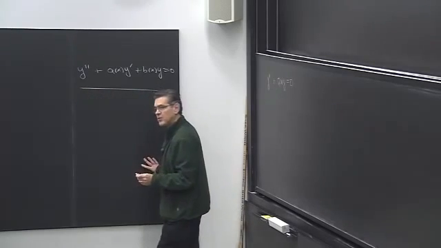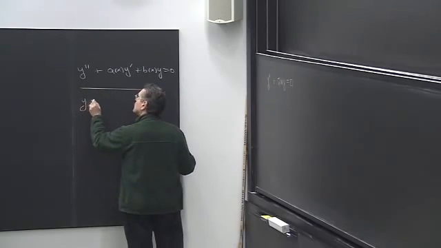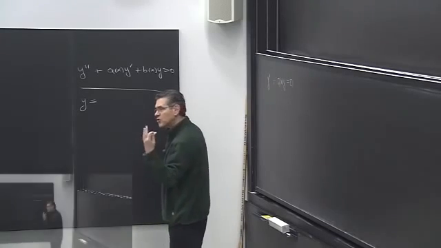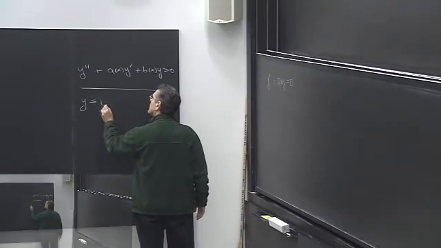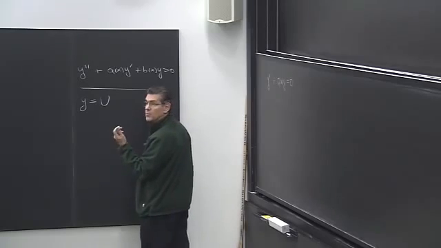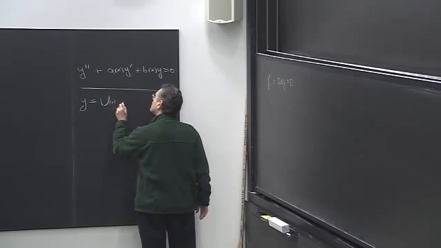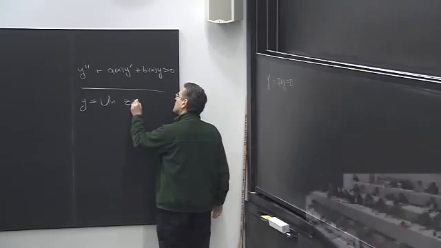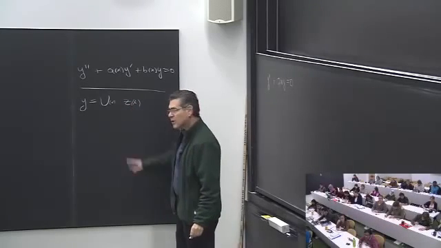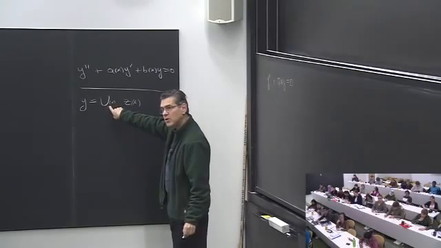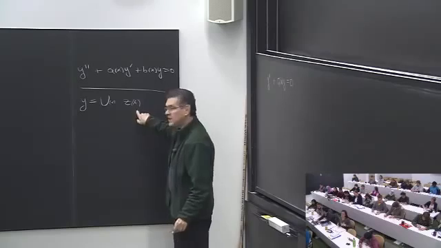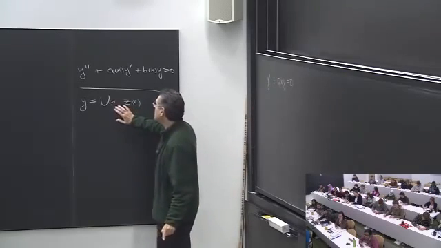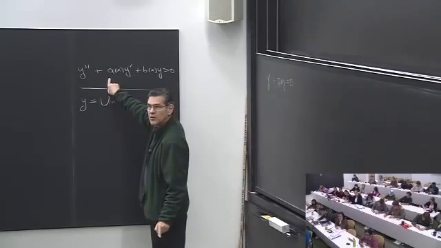All you need to do is to say, let's make a substitution y is equal to some function that we're going to determine, say u, okay, times, say, z. Okay? Now we're going to try to find a function u such that z satisfies this equation. Okay? So all we need to do is to plug it into this equation.